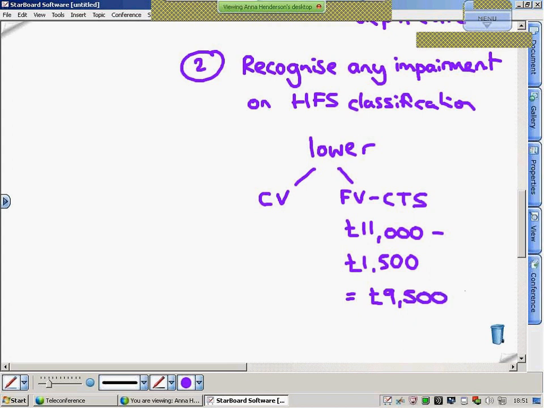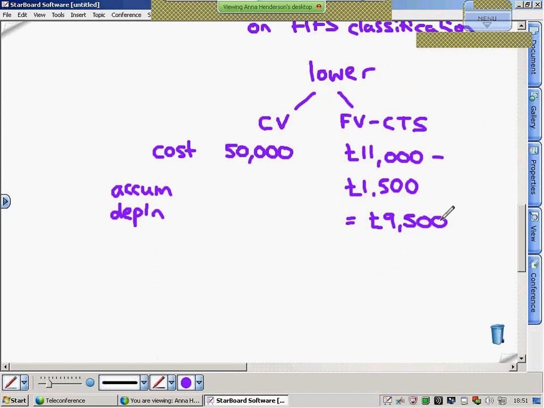So we're asking ourselves, is carrying value going to be lower? Let's work out carrying value. We know that the cost is 50,000. We know that accumulated depreciation is going to be calculated similar to the one we've just seen: 25% equals 4 years, so 4 years' time, which is 48 months.